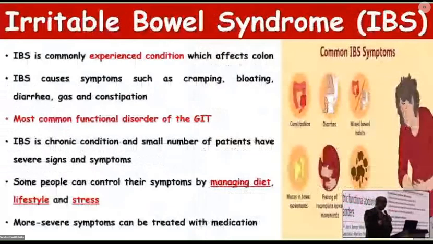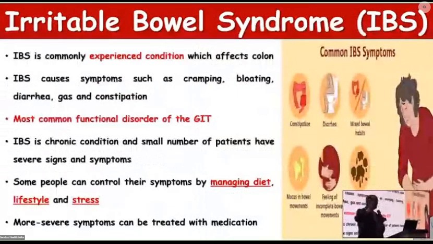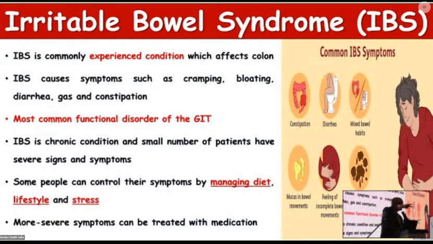The most common one is irritable bowel syndrome. It is the most common functional disorder of the GIT. It causes a lot of symptoms: abdominal cramping, bloating, gas distension, and it may be associated with constipation or with diarrhea or with both, alternating.